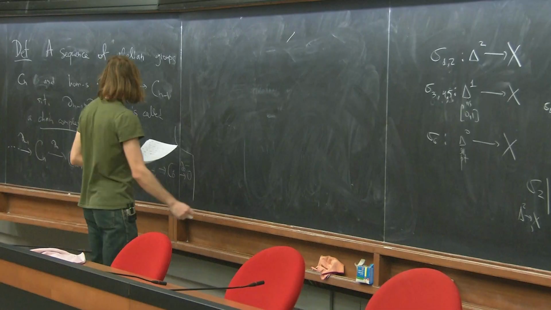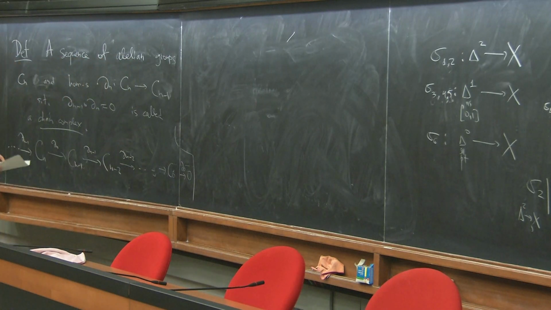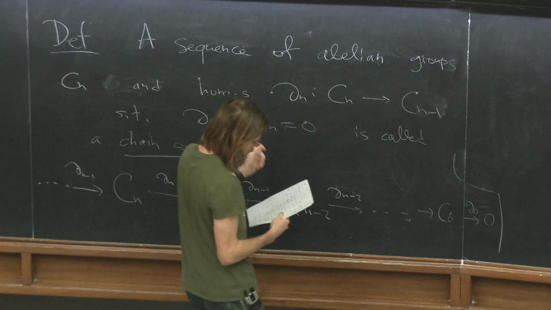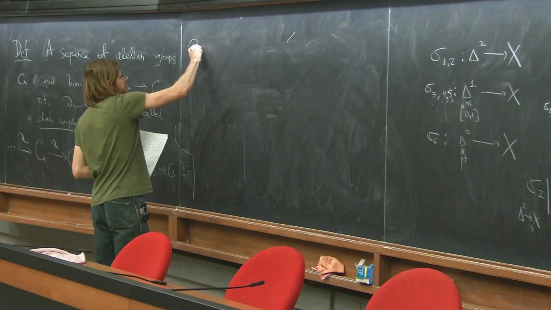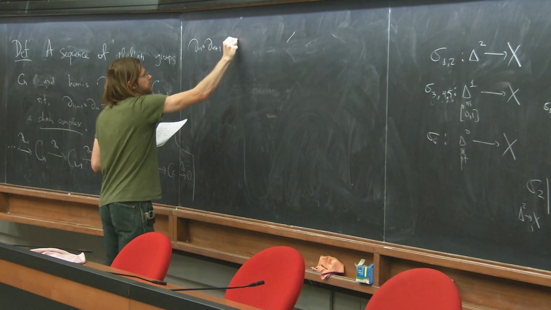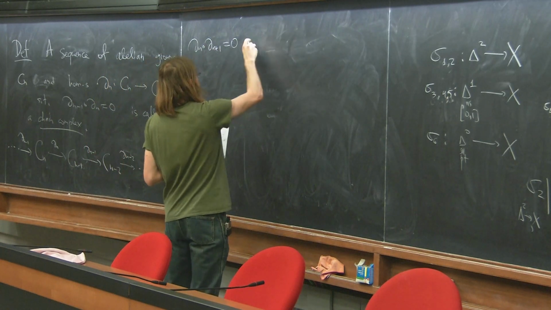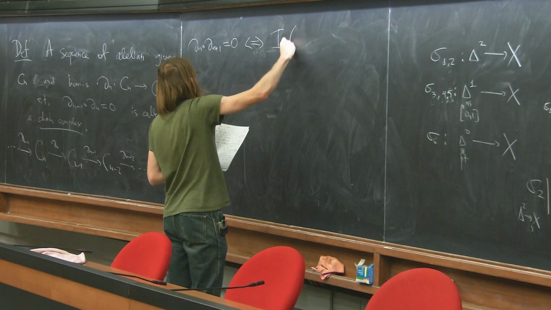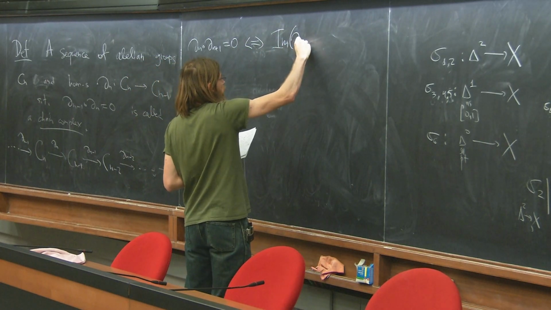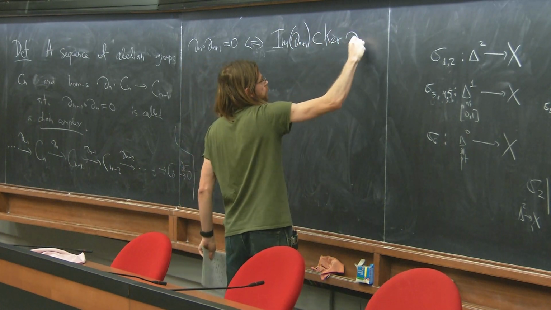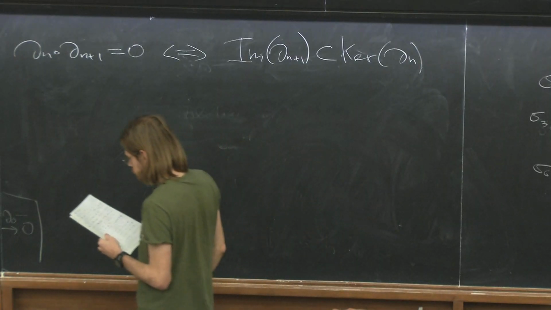And okay, so why is this something nice? If you have this property, this can be equivalently understood as follows. The fact that this composition is 0 is equivalent to the statement that the image of dn plus 1 is inside the kernel of dn.